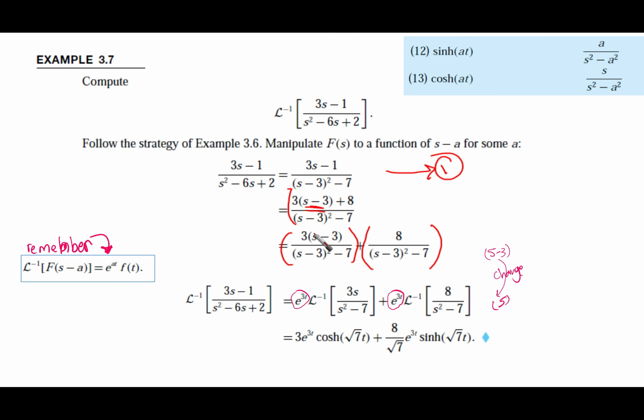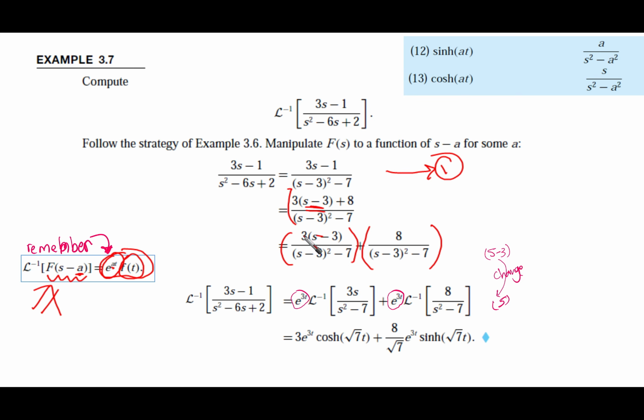Then we take the inverse Laplace transform for both of them. But we have the shifting theorem, the inverse Laplace transform of the shifting theorem. We know that if we have the Laplace transform of s minus a, it would equal the function itself times something called e to the at, and this a is going to be the shifting value of our function. So we put it in this term.